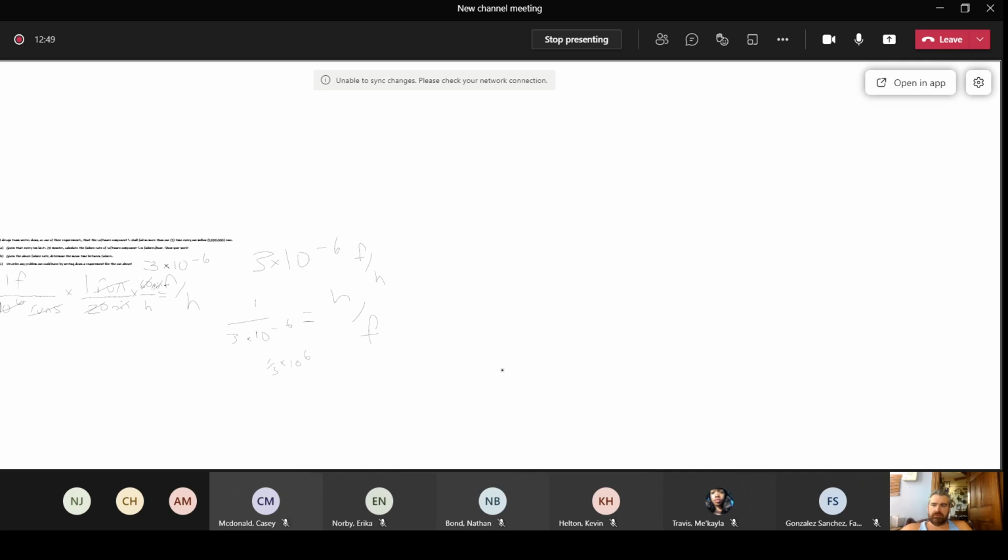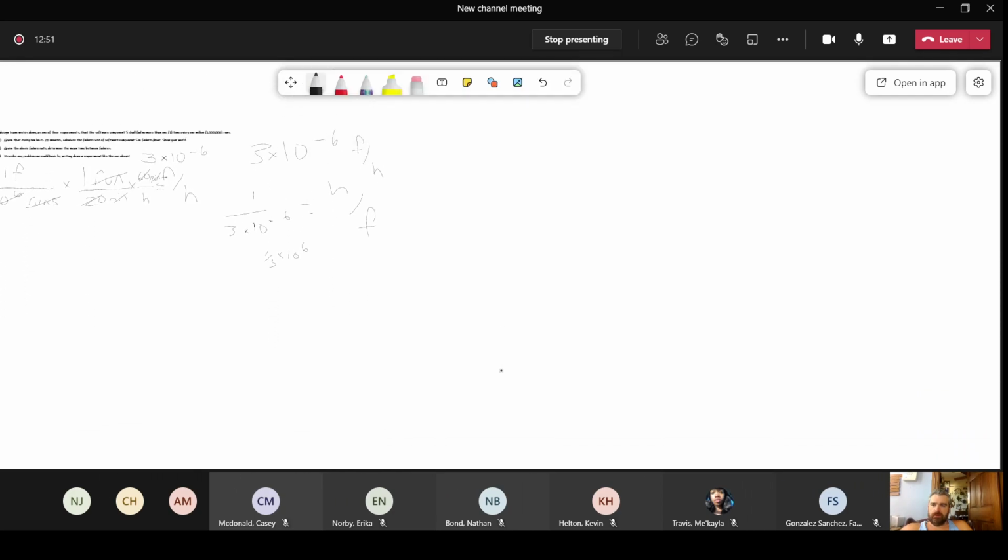Best way to do this. If I copy and paste without the diagram, probably, well, maybe. Let's see if the diagram copies and pastes. Copy, paste, paste.